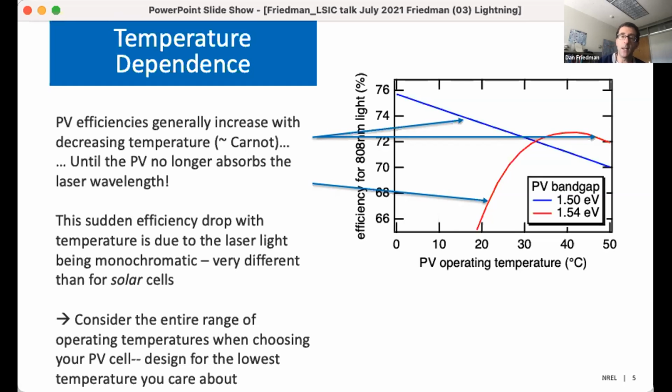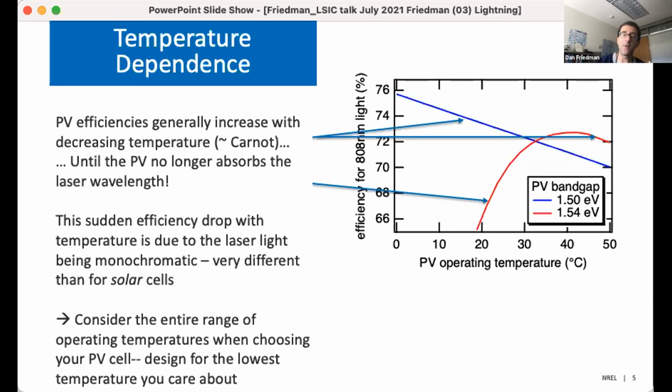So you would get a situation like shown in the red curve here, where you designed your cell, or chose it, to operate at 50 C with a given laser wavelength, and that was great. But then it turns out that you actually need the cell to operate at 20 C as well. And in that case, you probably didn't design the cell quite right.